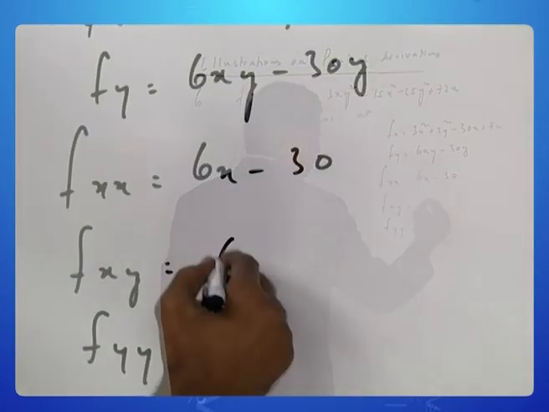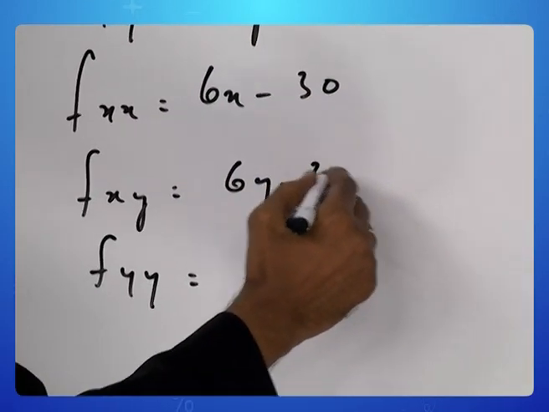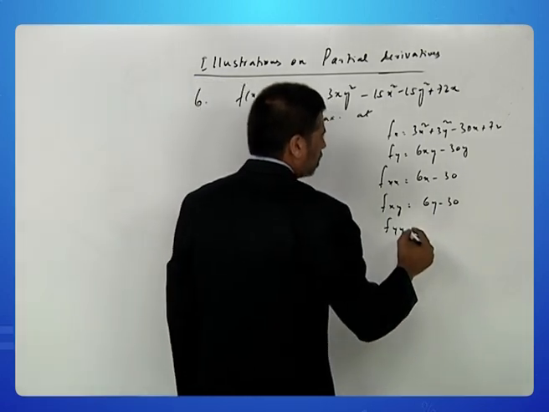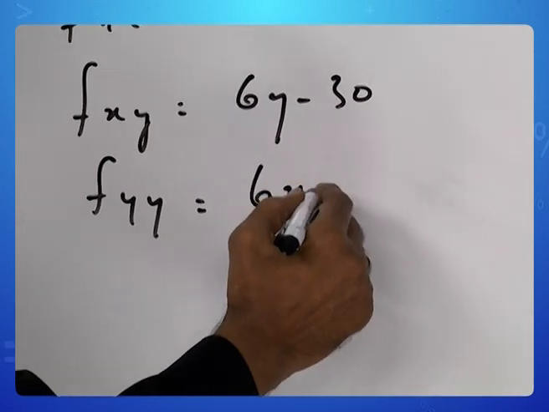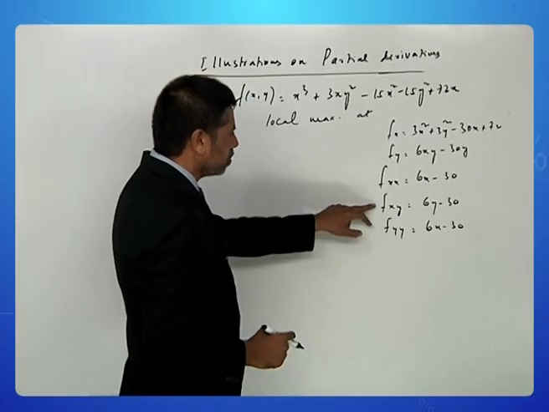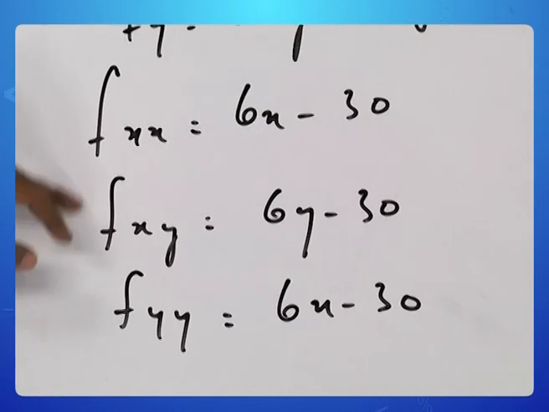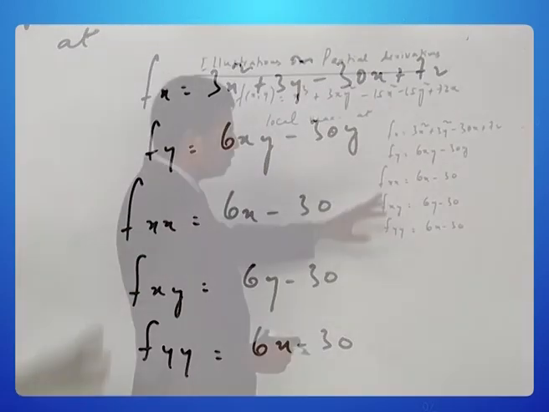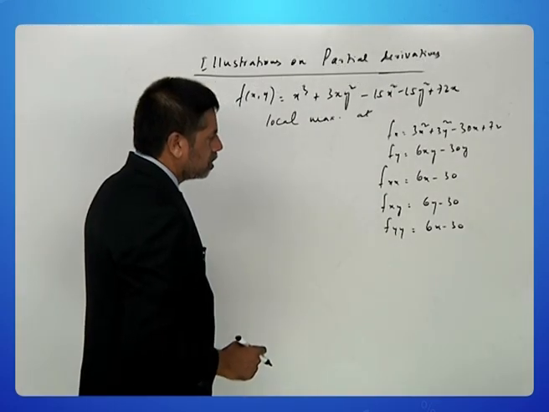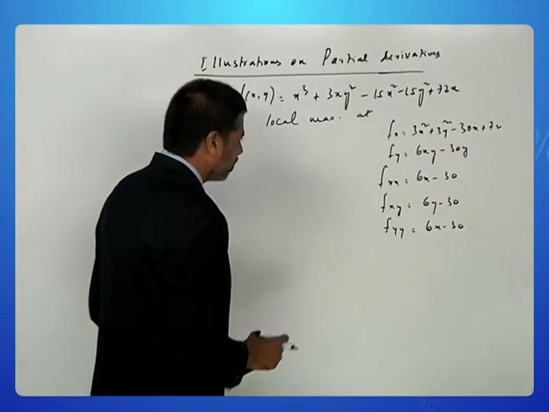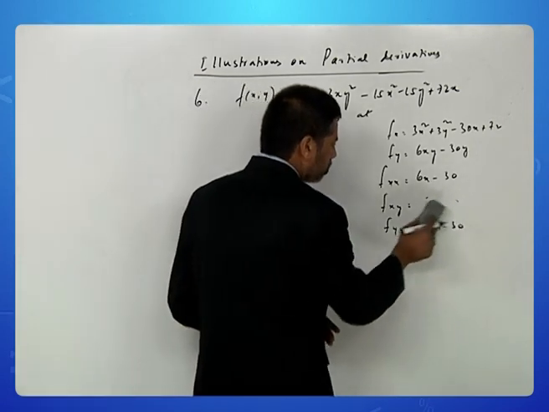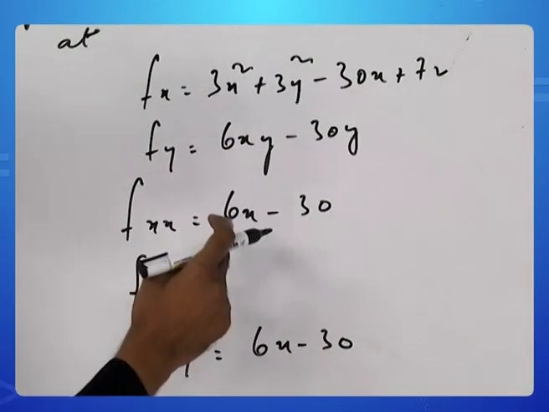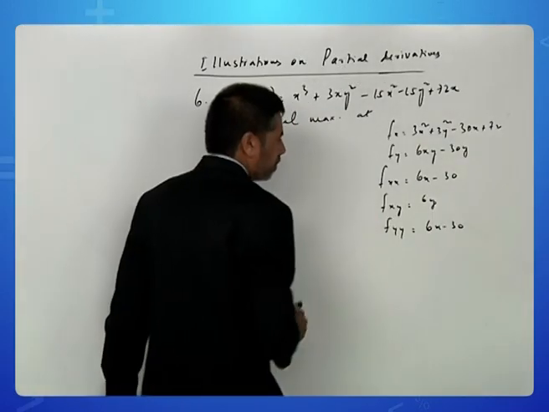Fxy is 6y minus 30. And finally, fyy is again 6x minus 30. Fxy is the partial derivative of fy with respect to x or fx with respect to y. In fact, we must be careful with fxy. We'll rework this one. Fy with respect to x will be just 6y, right?